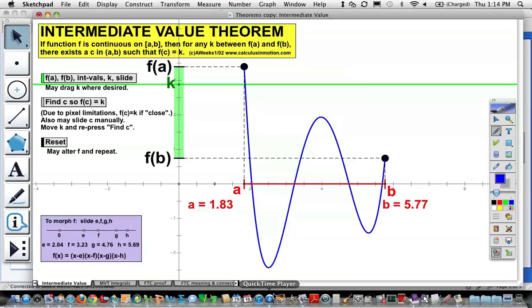Let's take a look at number 7. Okay? Now, look at those two graphs. Look at those two graphs on page 279. Now, what strikes you about them right away? They're not continuous.